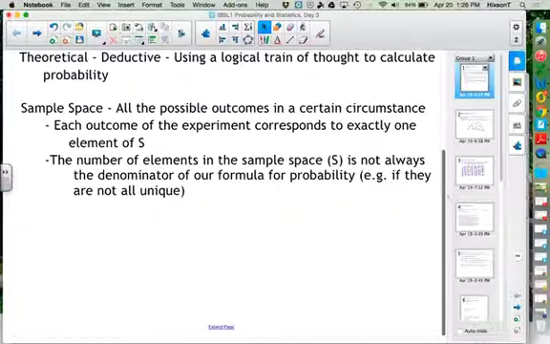Each outcome of the experiment corresponds to exactly one element of the sample space. Okay, so you can't have more things in your sample space than you have possible outcomes. Okay? However, the number of elements in the sample space is not always the denominator of our formula for probability. Okay? It's not always the total of the possible ways we can get those outcomes, I should say.